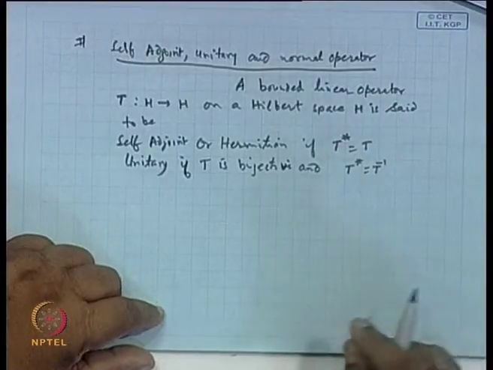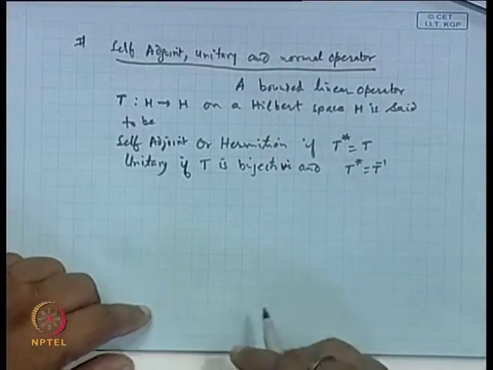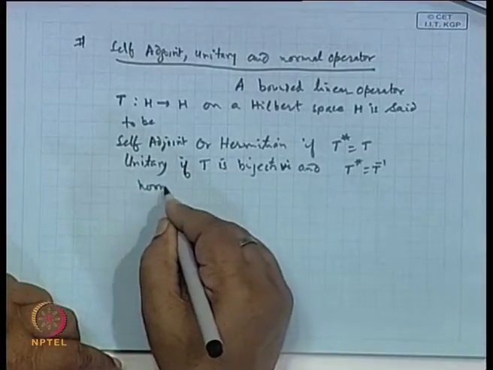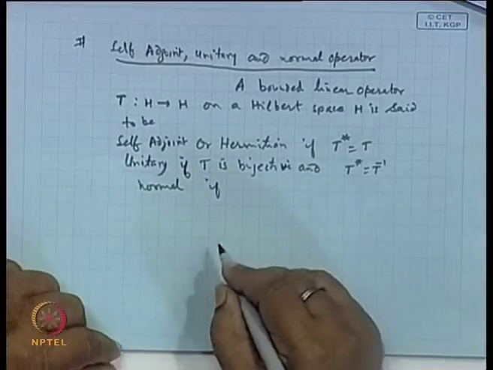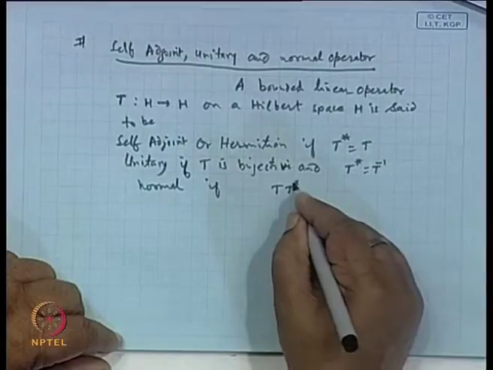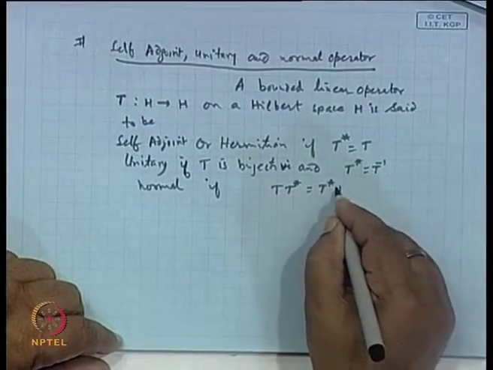So, when T is one-one and onto, the inverse exists. And normal if T star T equals T T star.